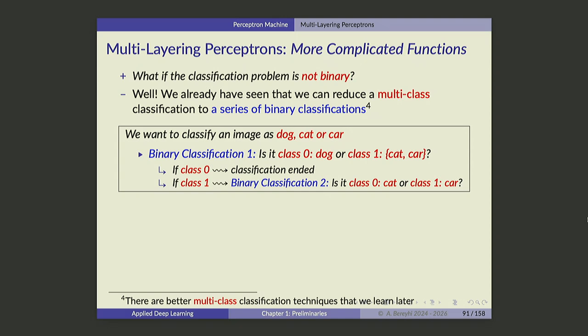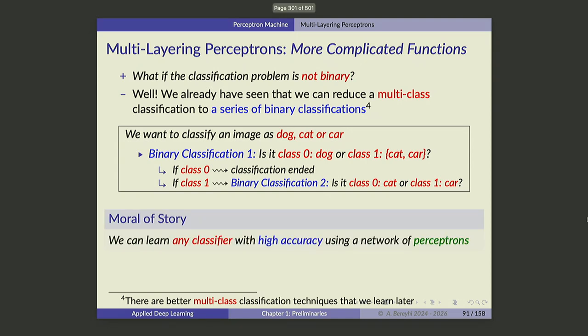I do another binary classification and find out whether it's a cat or car, right? So the moral of the story is that for any classification problem, it does not matter whether it is binary or multi-class, at the end of the day, you're able to solve it using enough perceptrons. Everybody's cool?